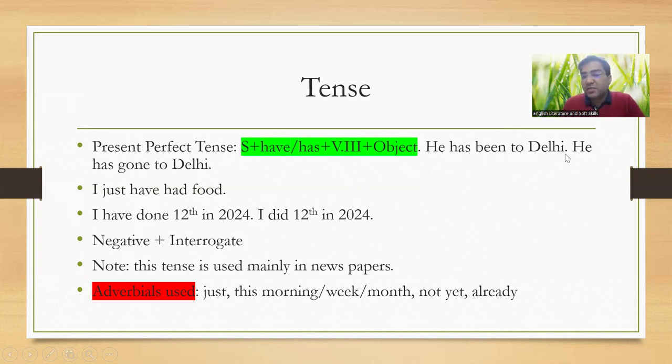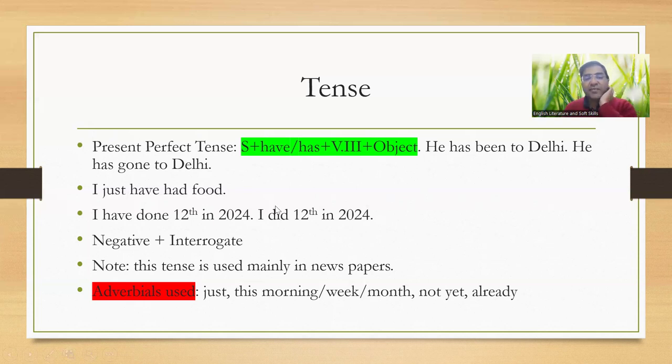"He has been to Delhi" means he went to Delhi, observed Delhi, knows something about Delhi, and returned to his place. Then we use "he has been to Delhi." "He has gone to Delhi" means either the person is on the way to Delhi or he is in Delhi. So this is the difference in the meaning of the two sentences: he has been to Delhi and he has gone to Delhi.